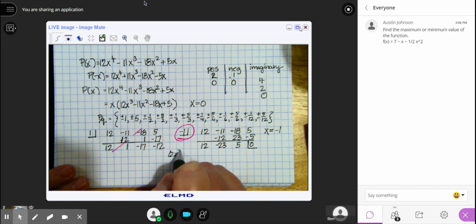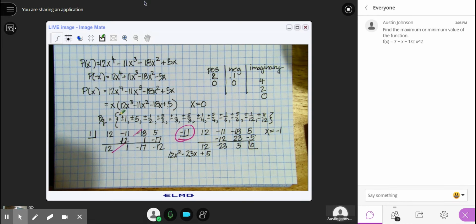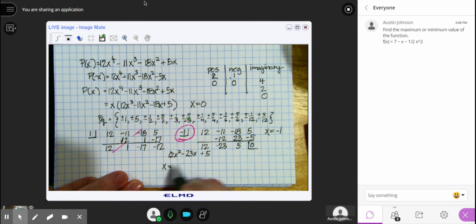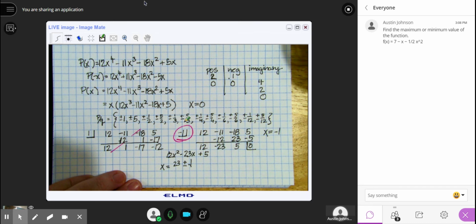Now that it's just an x squared, I'm going to go with what I know best. X is equal to the opposite of b plus or minus the square root of b squared minus 4ac.